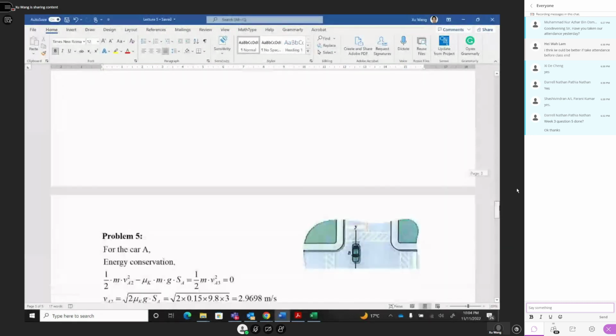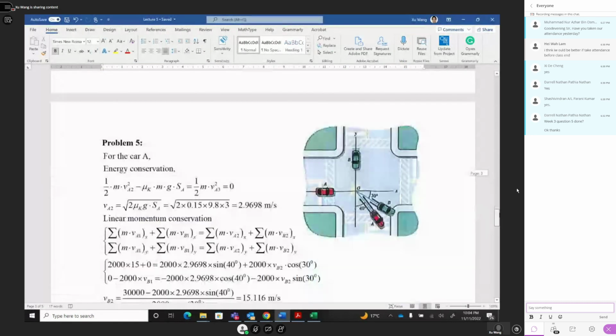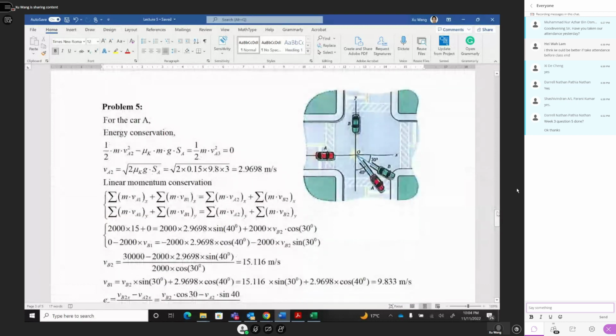First of all, we use car A after the crash with car B. It travels 3 meters until it fully stops, which means there is friction.